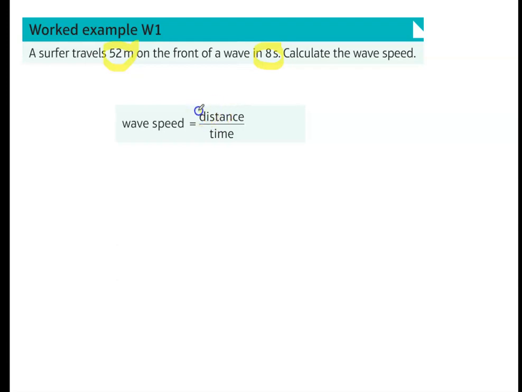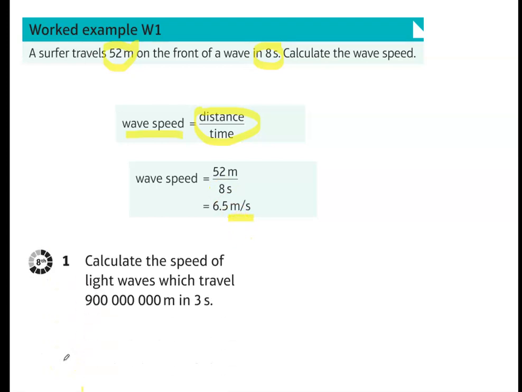Because we know distance and time, we need to identify the correct formula. The formula that links distance and time is wave speed is distance divided by time. Insert into the formula, and there is your answer. And don't forget the units. So 52 divided by 8, 6.5 meters per second.